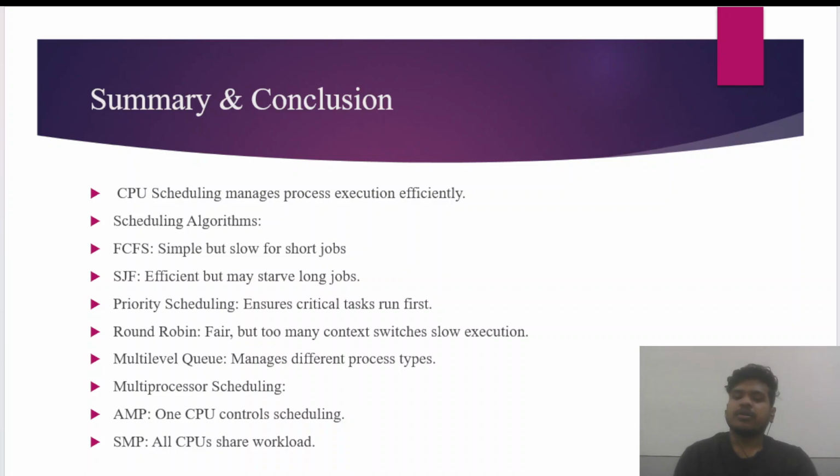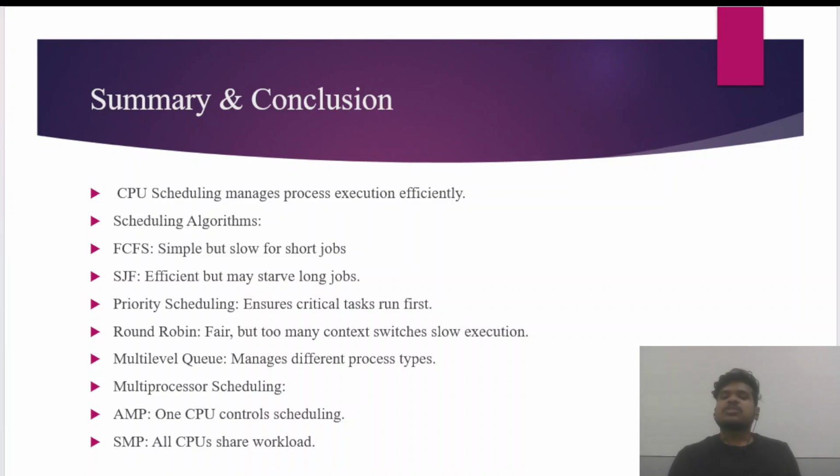Then round robin: it is fair, but with too many context switches. After that, we have multi-level queue, which means different queues for different process types.